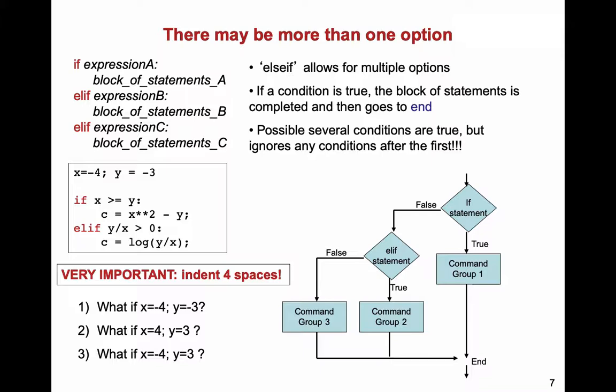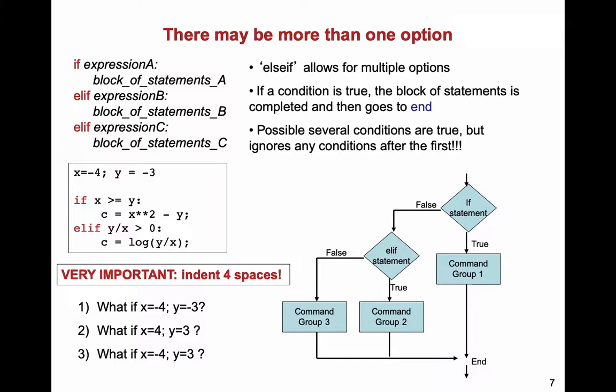So let's try first without coding. If I have x that is -4 and y is -3, if I go into the first block, is -4 larger than -3? Is that true or false? That's false. Will I execute this line?